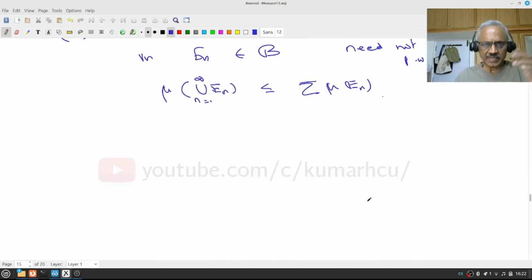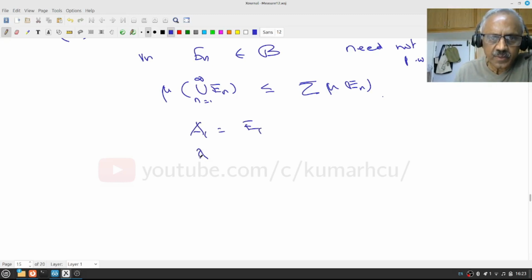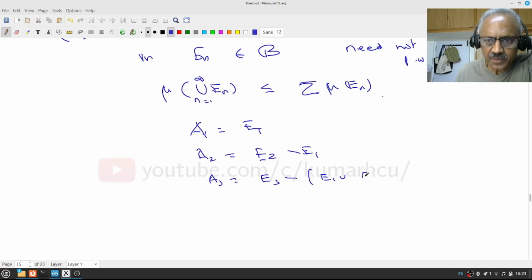But this proof is again easy. We have seen arguments earlier. Let A1 equal E1, A2 equal E2 minus E1, A3 equal E3 minus (E1 union E2), etc. In general, An equal to En minus the union over k equal to 1 to n minus 1 of Ek.